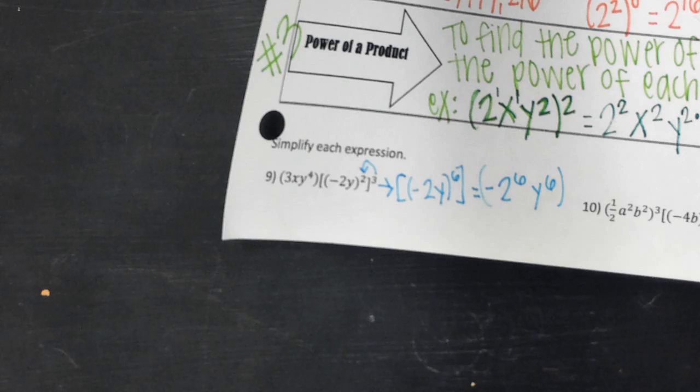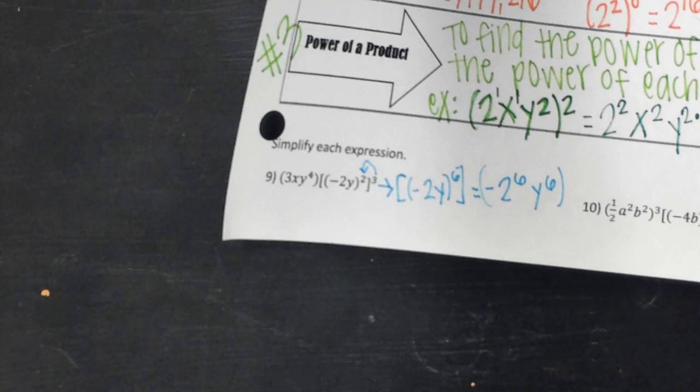So I need to write negative 2 how many times? 6 times. 1, 2, 3, 4, 5, 6. What's a negative times a negative? Positive. Positive times positive is positive.